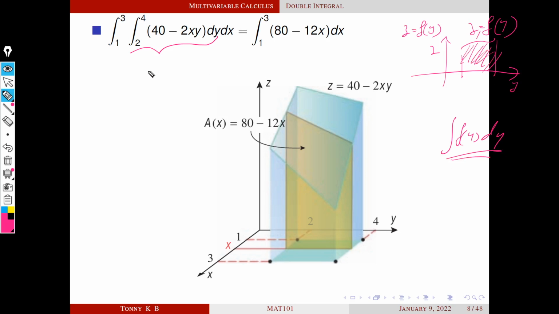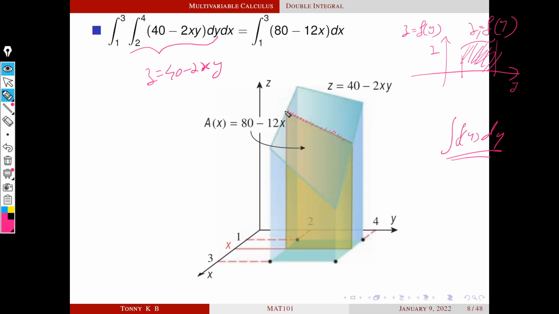Okay, so my question, what is our curve z is equal to 40 minus 2xy if we fix x? So if you fix x somewhere here, then it is clear that this z is equal to 40 minus 2xy is a part of the surface, this part of the surface at this particular x. So that is nothing, this curve. Okay, this curve on the surface.